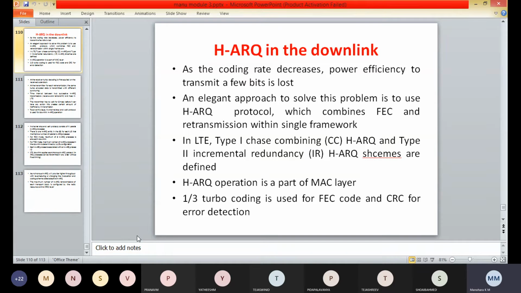If this is a retransmission, which is indicated by the DCI, sorry, downlink control information, the code block will be combined with the previously received versions for decoding.